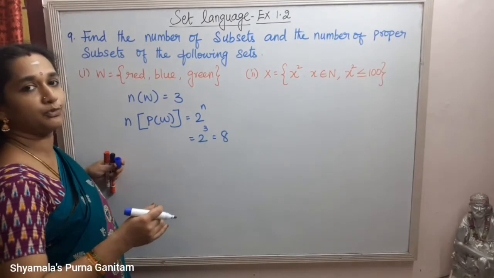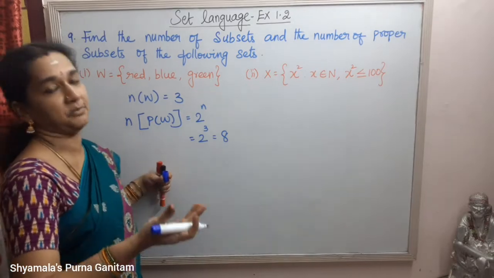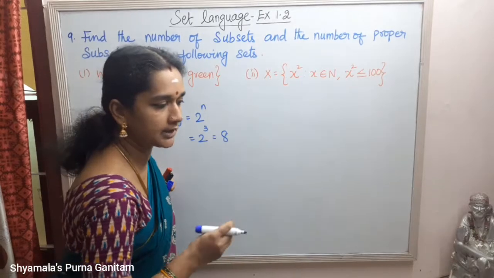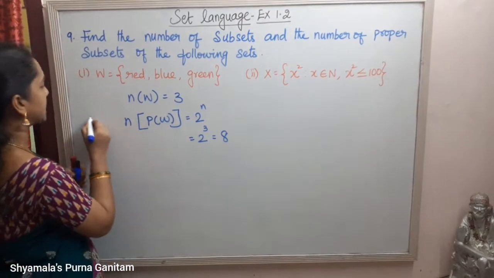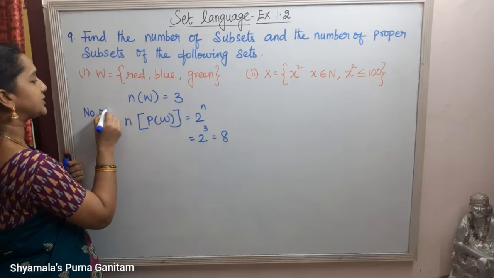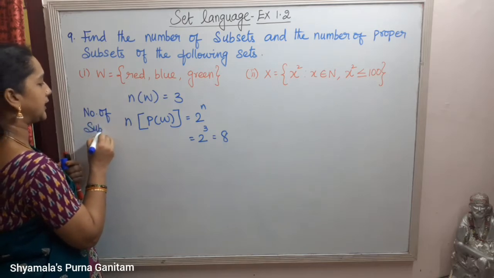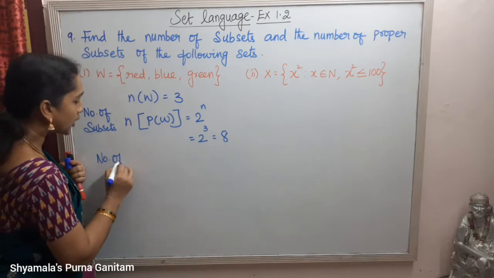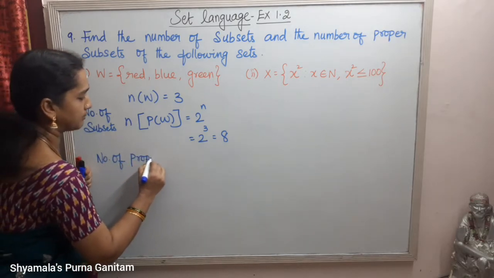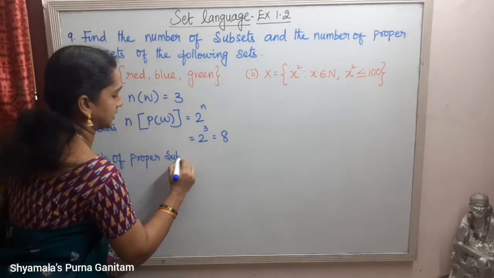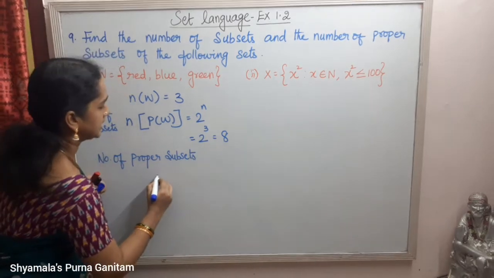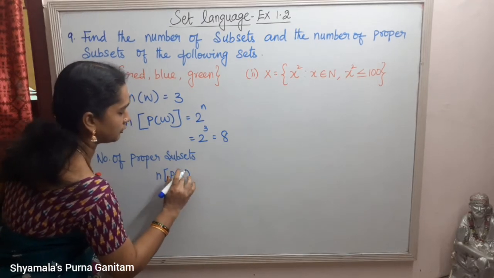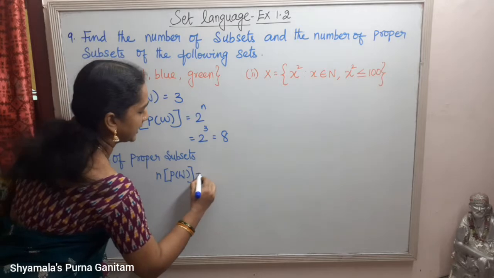Okay, now we have to find the number of proper subsets. So what is the formula? 2 power n minus 1. The earlier one, 2 power n, is the number of subsets. Then the number of proper subsets is n of P of W minus 1.